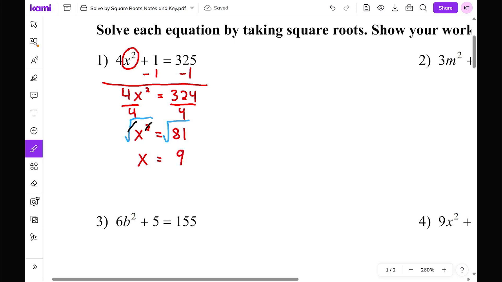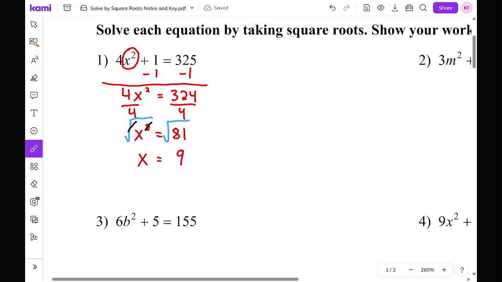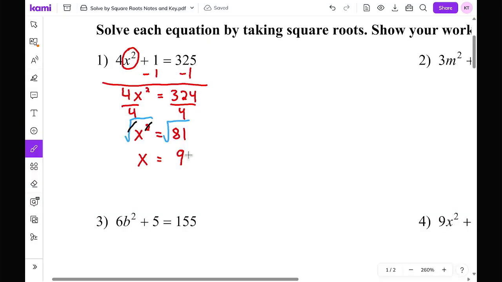Now, this only gives us one solution. We know that because 9 times 9 equals 81. But if we also think about it, negative 9 times negative 9 will also give us an answer of 81. So whenever we take square roots, we're always going to have a positive answer, and we're also going to have a negative answer. So we can write this as 9 and negative 9.